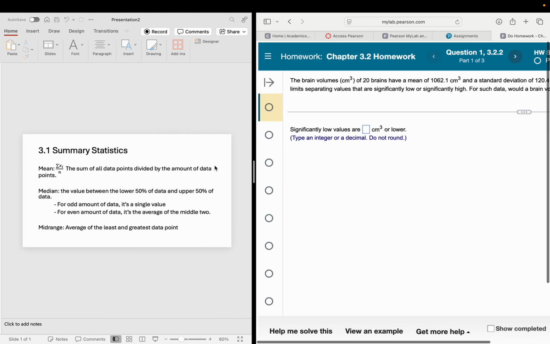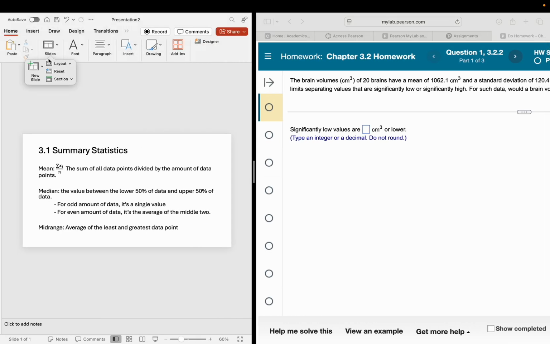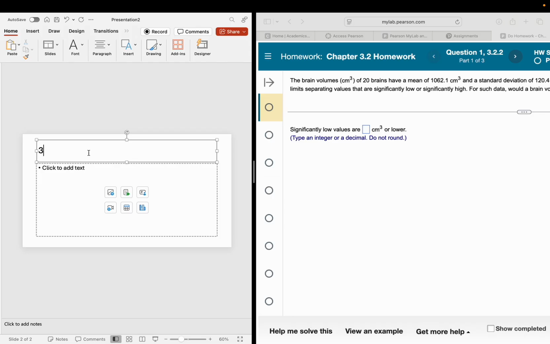So now, really quickly, we're going to call 3.2 measures of spread. So we're going to move from saying, what are my data values? What's my mean? What's my median? And we're going to start learning about how far do my values move from the center.